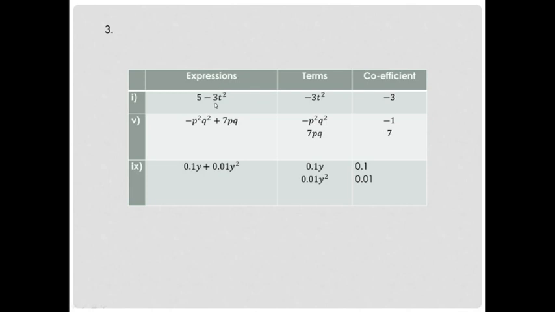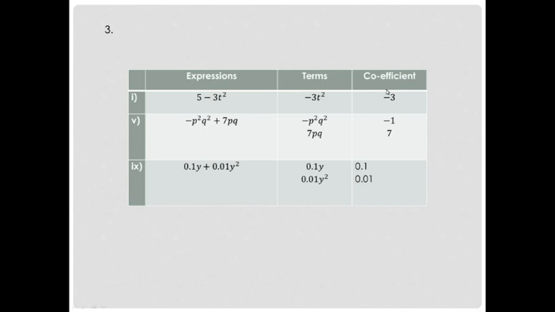Here the question expects us to take only the numerical value which has variables along with it. Here 5 has no variable with it, but minus 3t square has a variable with it. T square is there, no? So the term can be taken as minus 3t square.